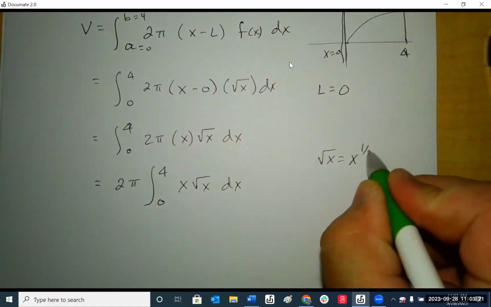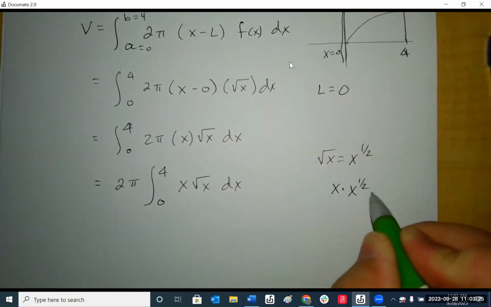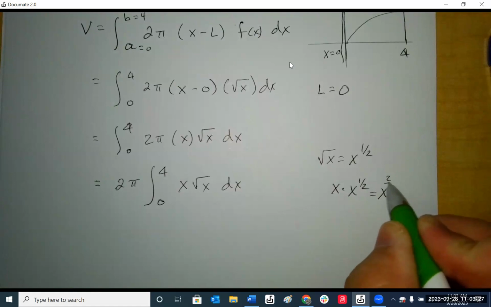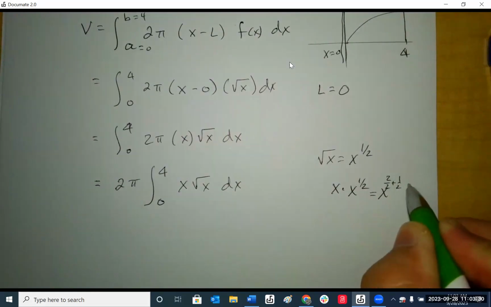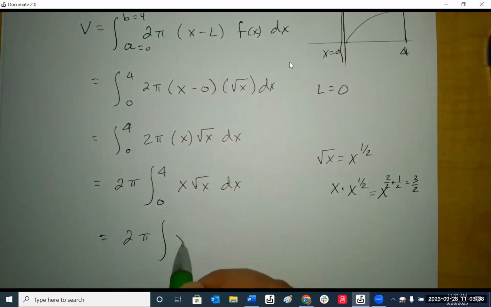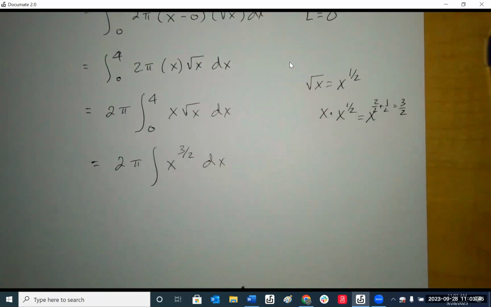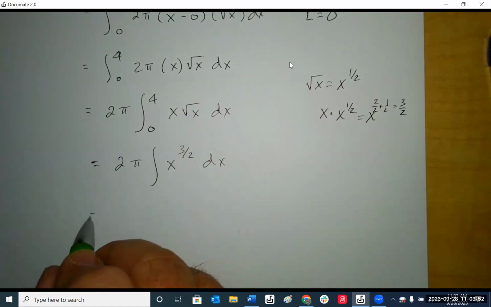Good. So it's going to be x times x to the power 1/2, which is x to the 3/2, and integrating gives 3/2 plus 1 in the denominator.